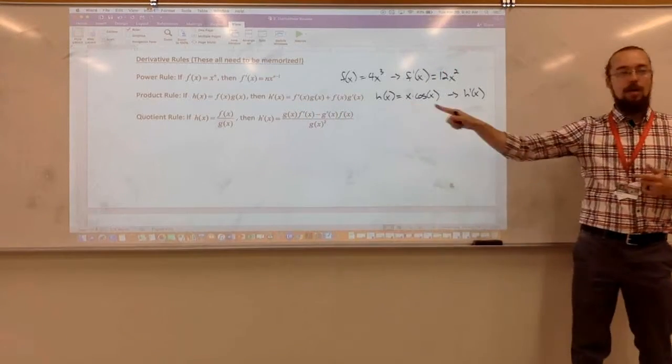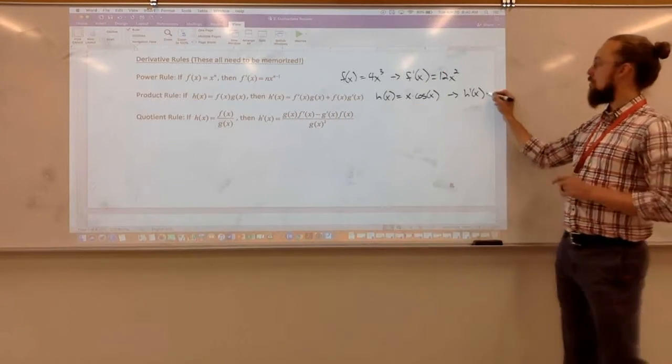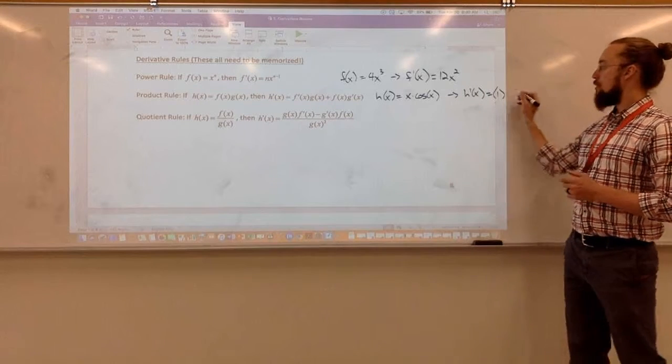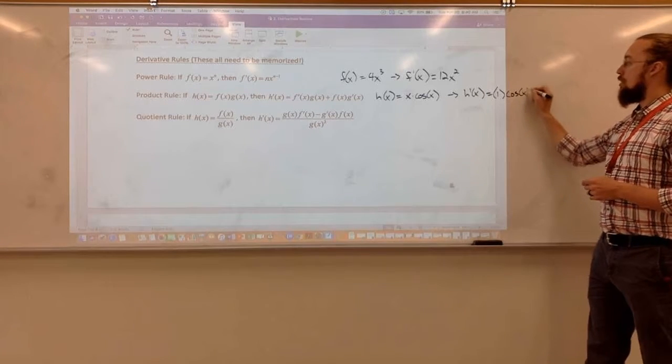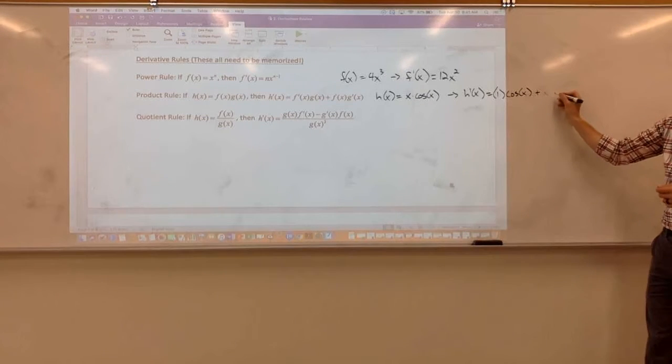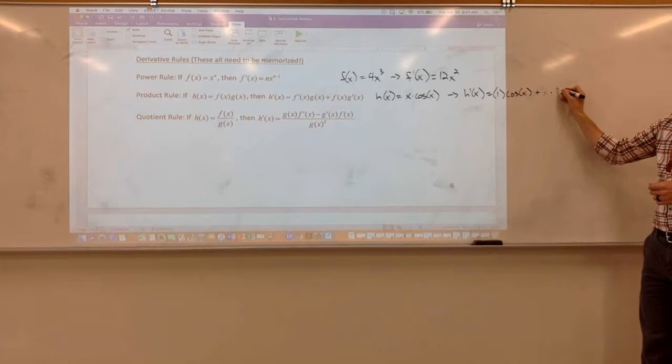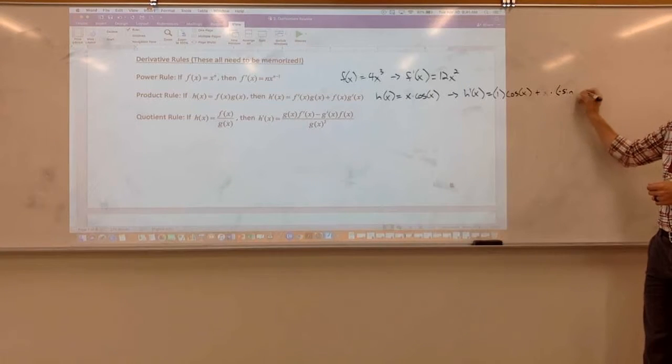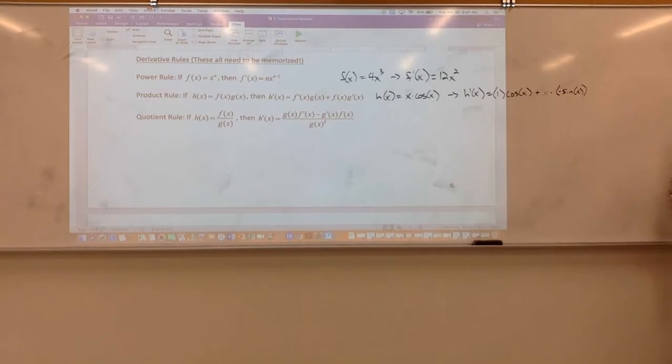So derivative of x is just 1 times the second would be cosine plus the first times the derivative of the second. So derivative of cosine is negative sine. So this would just be cosine minus x times sine. We wanted to simplify that.